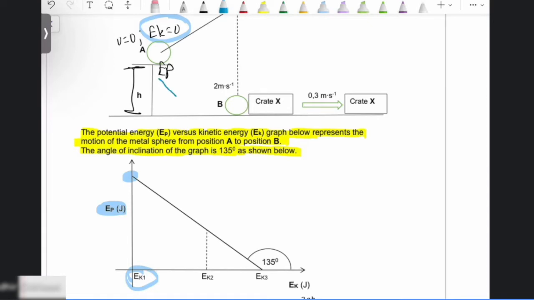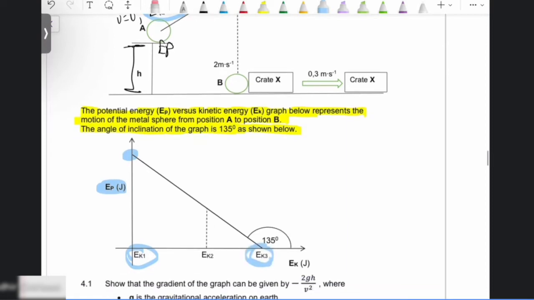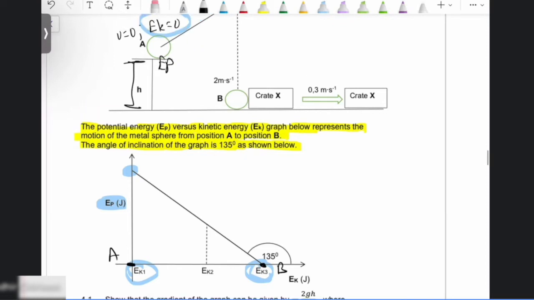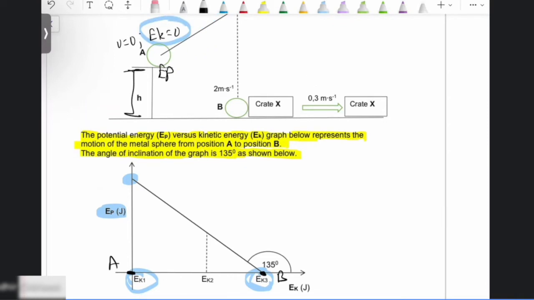And that velocity starts to increase all the way down to the lowest point, and then it slows down again. So here, guys, we know the following. At this point, EK3 is basically position B. This is basically position A. That's what we need to understand.